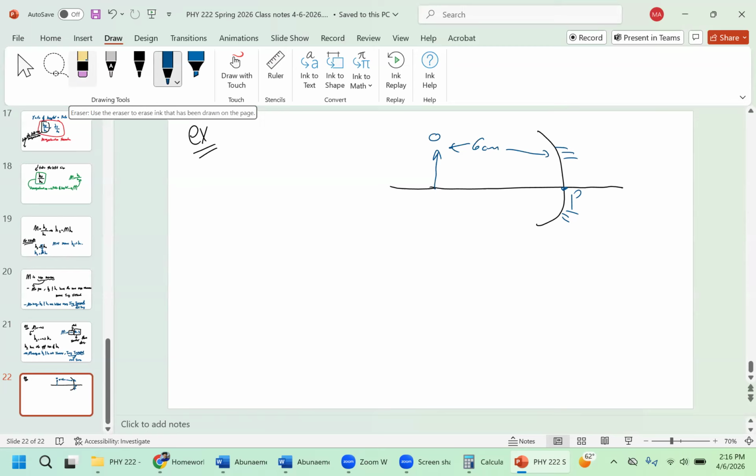So this object is 6 centimeters. My focal length is over here, and this is going to be 2 centimeters. And let's say I got an image right over here at 3 centimeters.